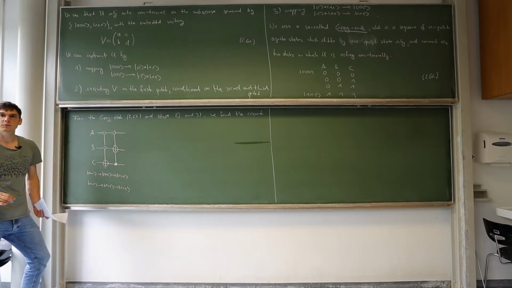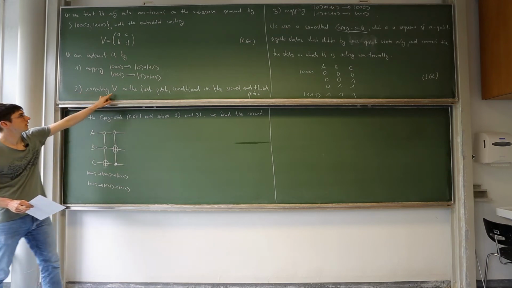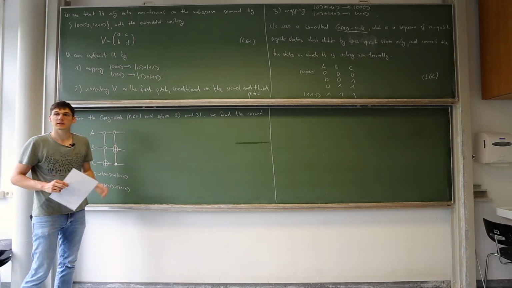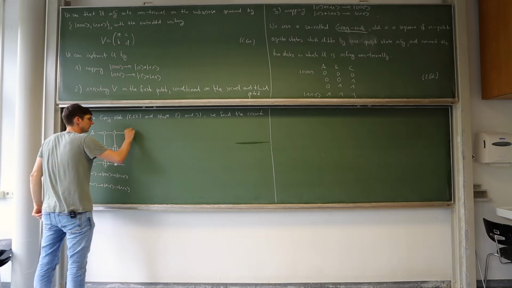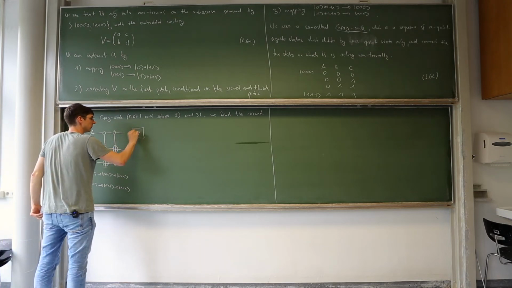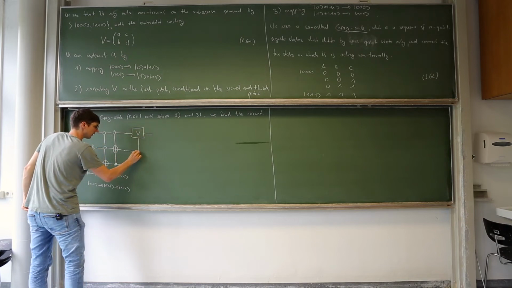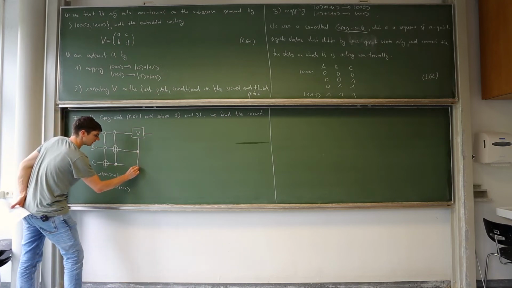Okay? And what we can do now is the second step. Now we execute this unitary V on the first qubit conditioned on the second and the third qubit. So here we do a unitary V controlled on the state 1, so I control on 1 of the second and third qubit.